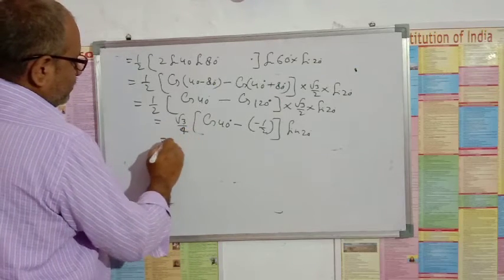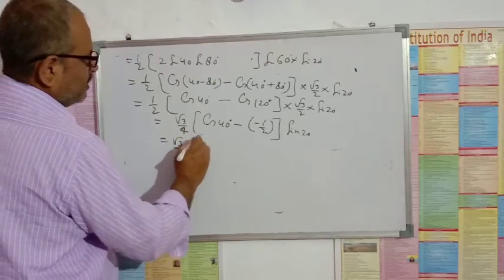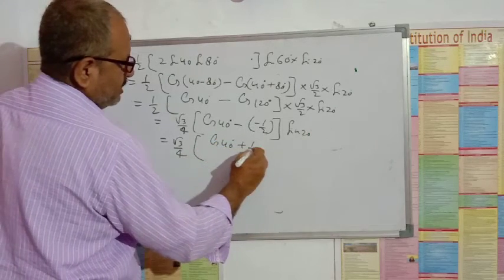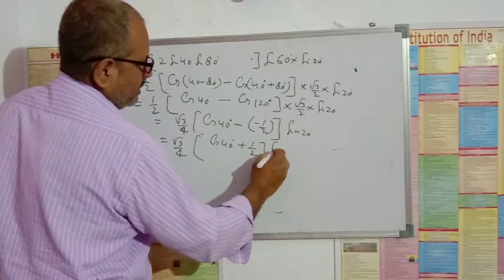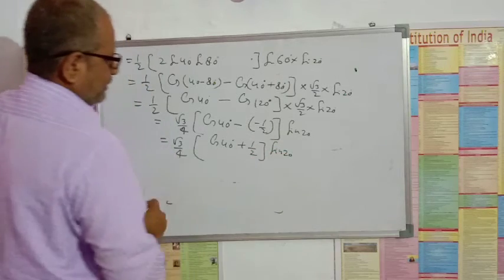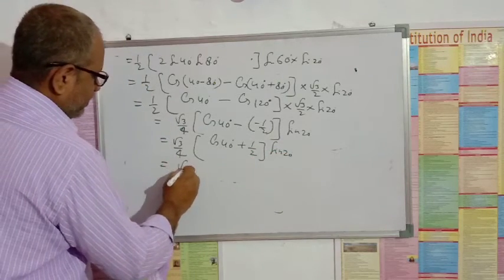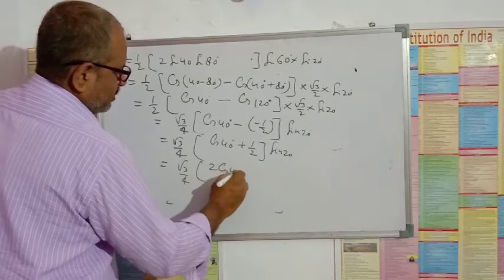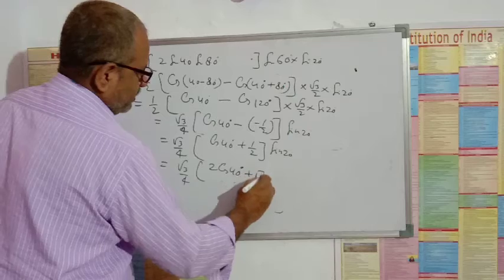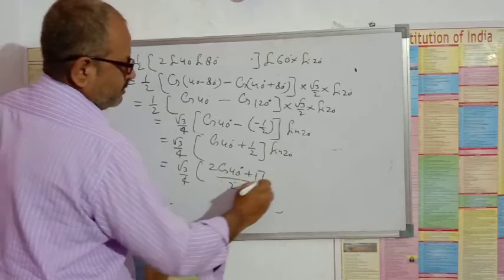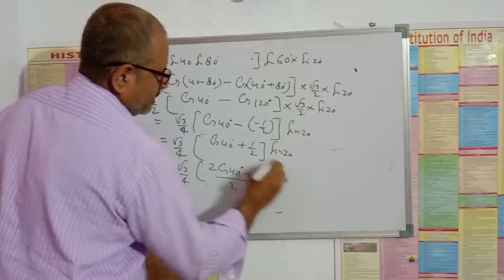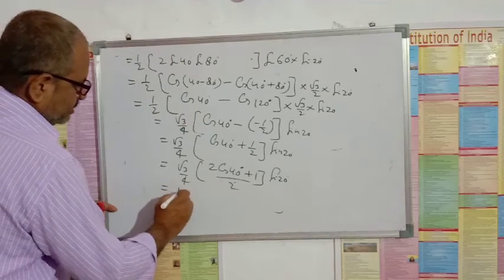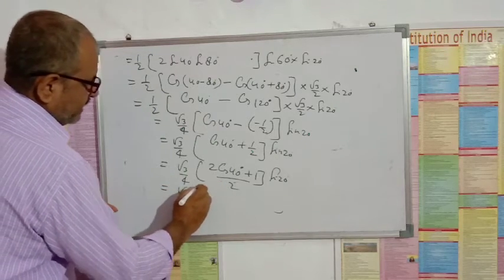Root 3 by 4, it is cos 40 plus 1 by 2, into sin 20. Root 3 by 4, (2 cos 40 plus 1) upon 2, sin 20 degrees. 4 into 2 is 8, so it is root 3 by 8.